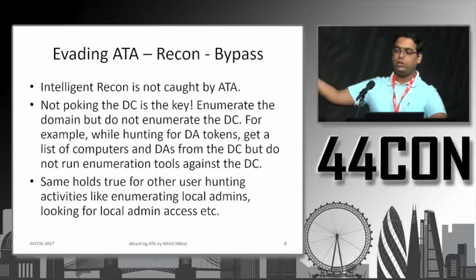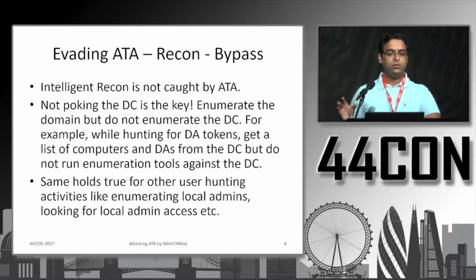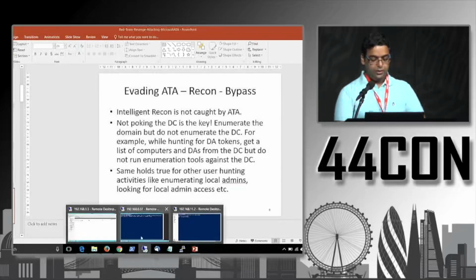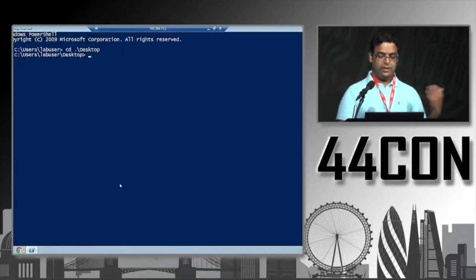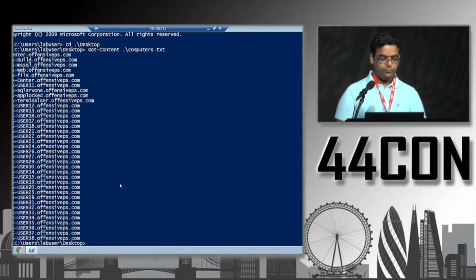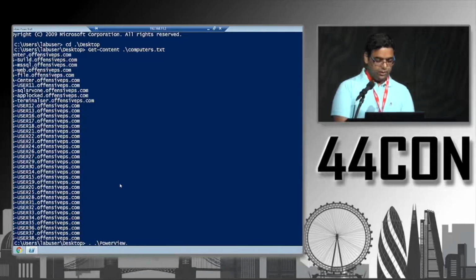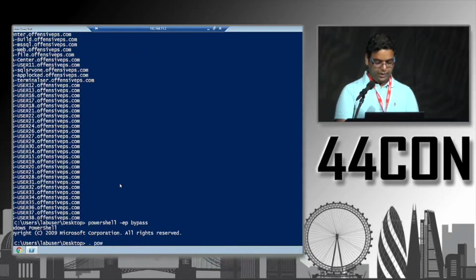Not only in this case, in all cases, if you avoid talking to the DC when you can, then ATA would not be very useful. So for example, let's say we get a list of boxes, so these are the member computers in this domain, which we can simply get using something like PowerView.